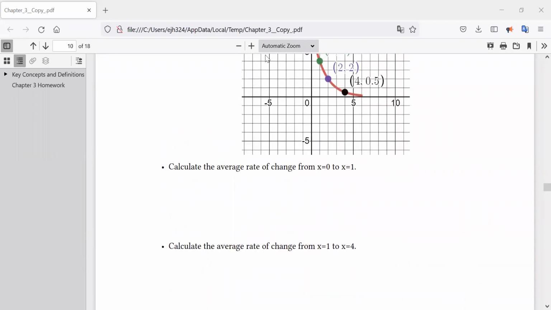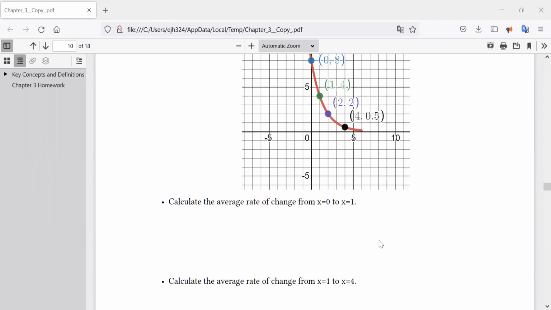So if I were to do this bigger interval right here from x equals 1 to 4, then I would do 4 minus 1, and then I would have 0.5 minus 4. So that would be negative 3.5, divided by 3.